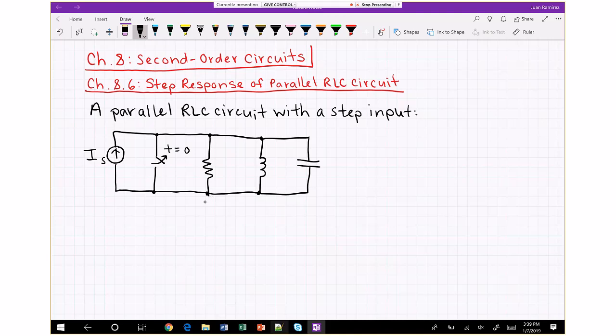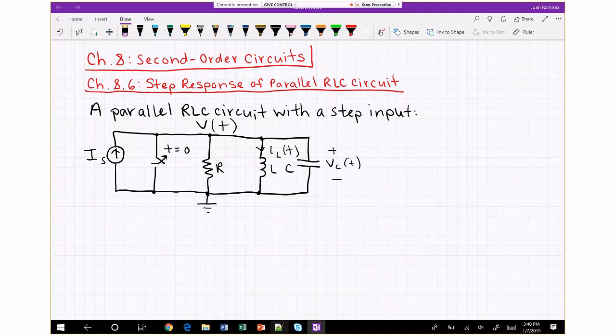Okay, so what do we know? We know that the voltage of the whole circuit we call v(t). Everything's in parallel, so they'll share that. You have R, L, and C, and you're going to have a voltage across your capacitor, vC(t), and a current through your inductor, iL(t).